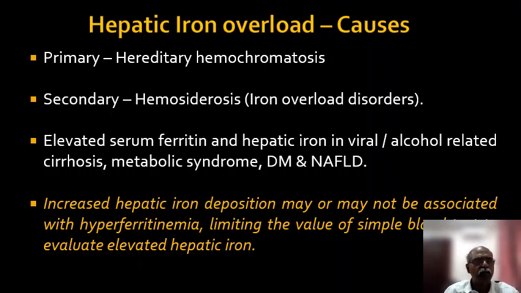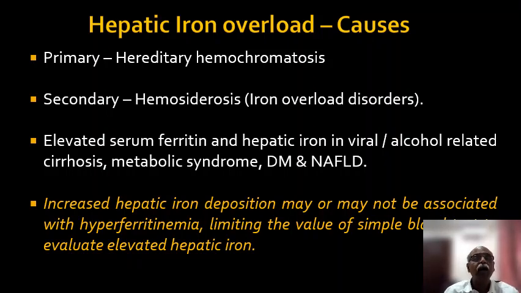Now, one important point to remember is elevated serum ferritin and hepatic iron also occurs in viral hepatitis, alcohol-related CLD, metabolic syndrome, diabetes, and NAFLD. This is the point which radiologists have to remember, because when you are assessing the liver as a whole, not only iron, you are assessing the liver as a whole.